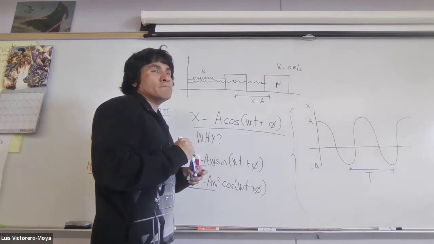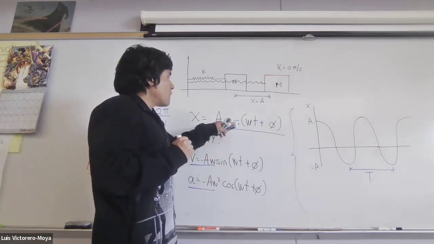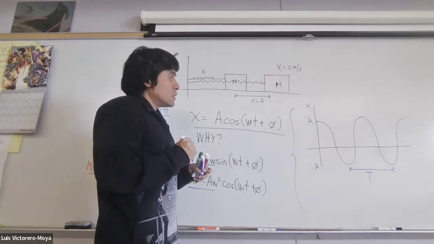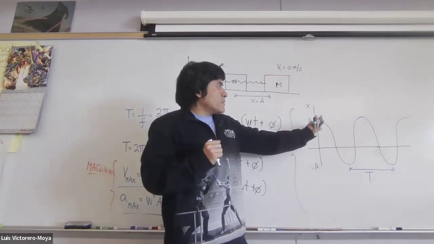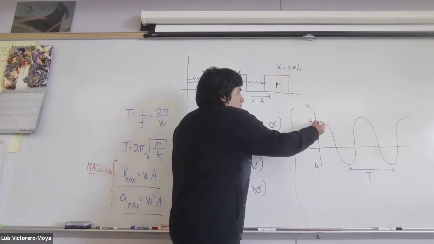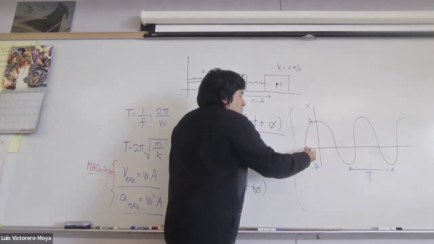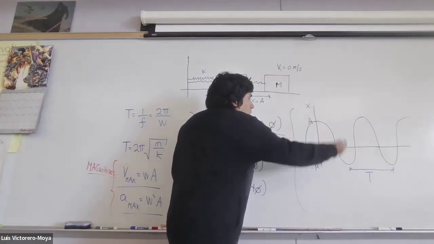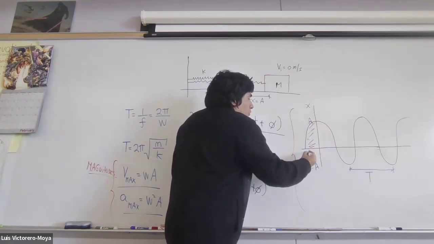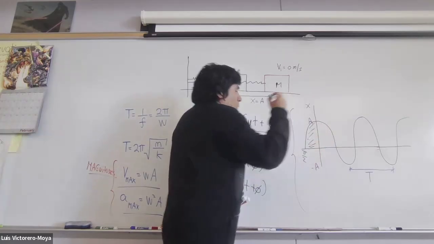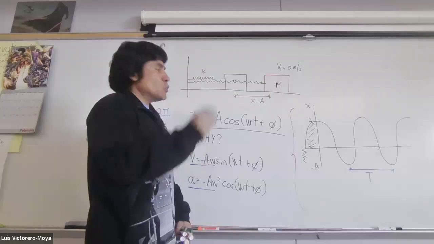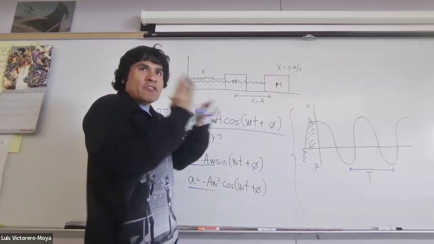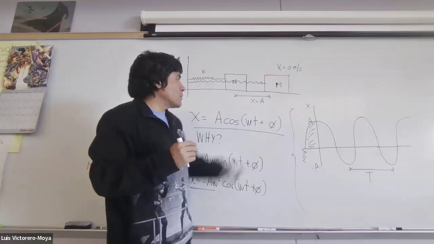phi is 0. Now, if I want to model this with a sine function, there's a phase, if you think about it, because sine will be like this. So there is a phase of pi over 2. When you are shifted towards the left, you add pi over 2.